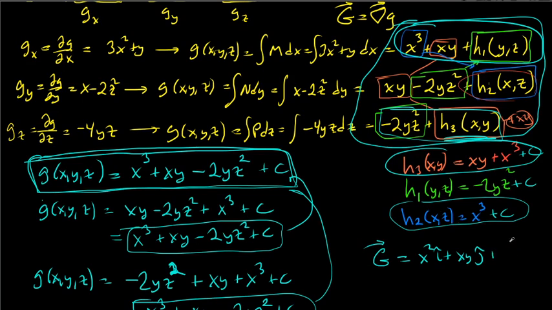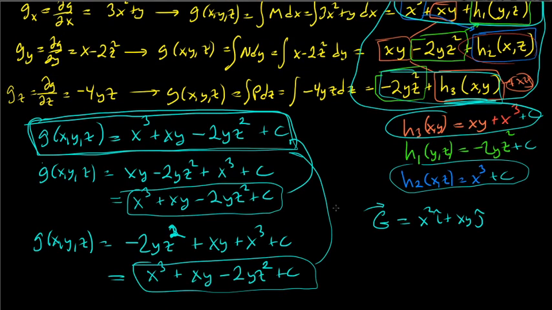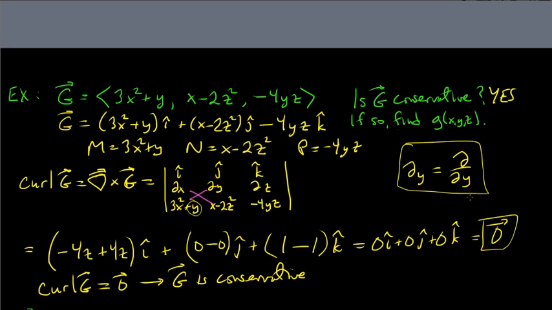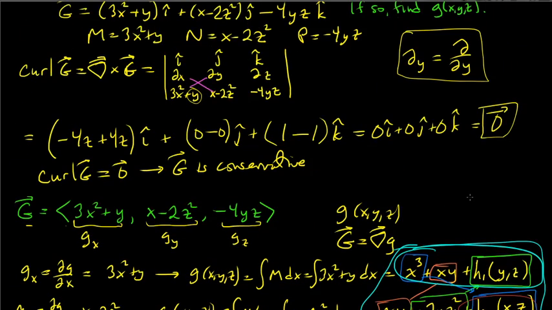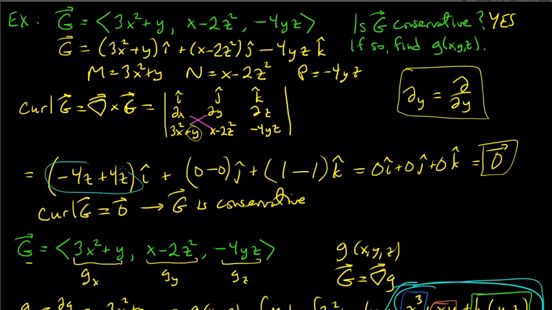But when you have a vector field in a plane and there's only two components, then you only need to check this condition here. But when you do have a vector field in space, you have to check essentially all three conditions, that all three components have to be 0. And again, I think this was the partial of p with respect to y equals the partial of n with respect to z?